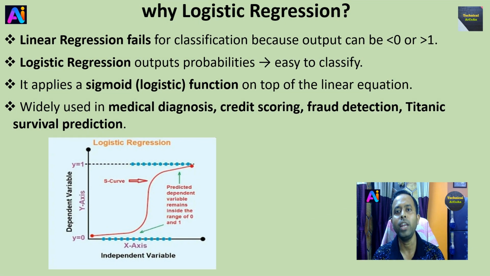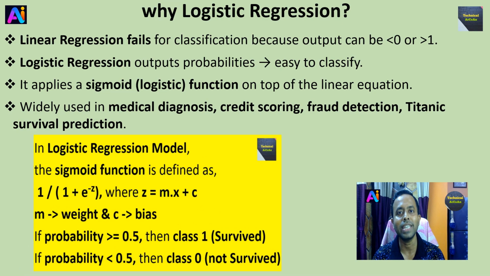Now let's talk about why logistic regression. Linear regression fails for classification because the outcome can be less than 0 or greater than 1. Logistic regression outputs probabilities that are easy to classify and range between 0 and 1. It applies a sigmoid or logistic function on top of the linear equation.